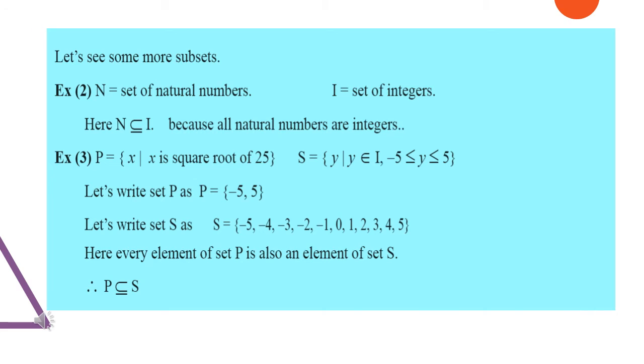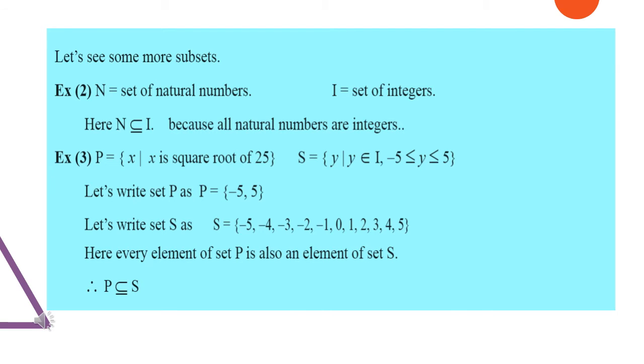Example 3. P is equal to X such that X is a square root of 25. What is the square root of 25? 5 and also minus 5. Okay, so my answer is P set is equal to 5 and minus 5. Next one, S is equal to Y such that Y belongs to I, which stands for integers, and Y is greater than or equal to minus 5 and less than or equal to 5. Means all the integers in the range of minus 5 to 5.